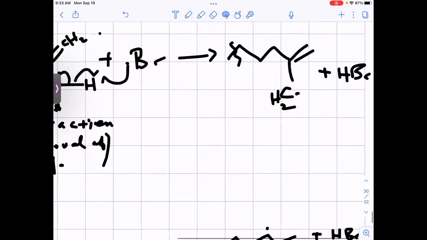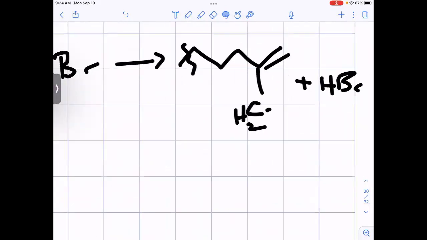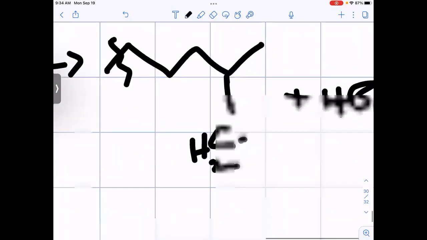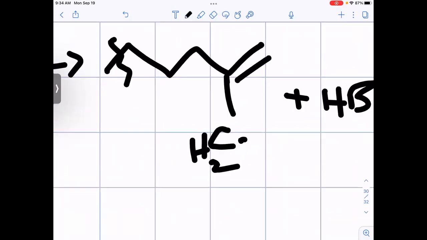So what would the resonance form for this top radical look like? How would you rearrange that? Anybody? Here's the pattern.